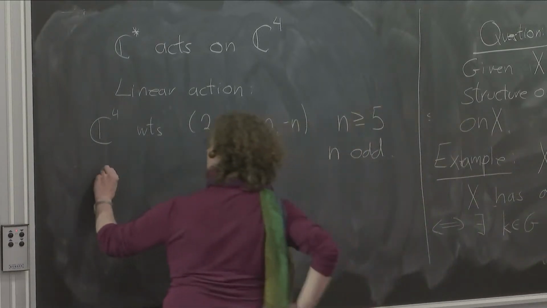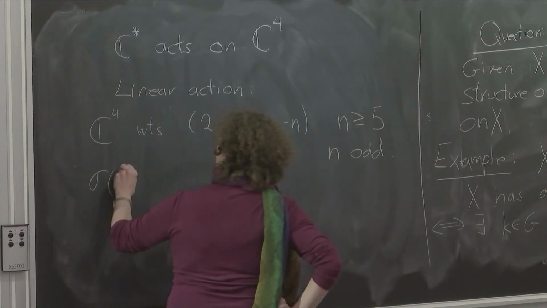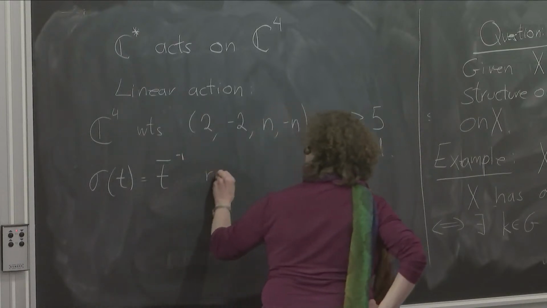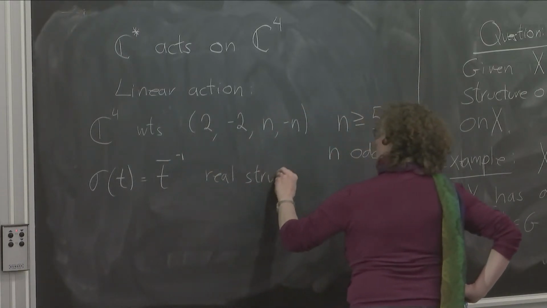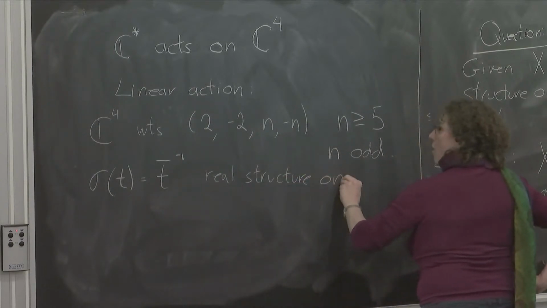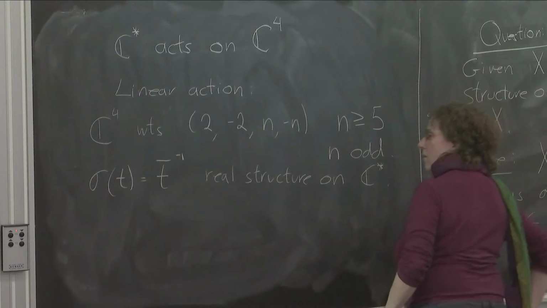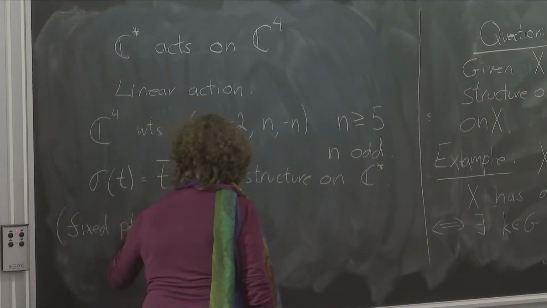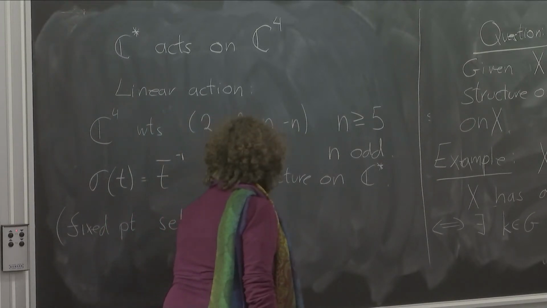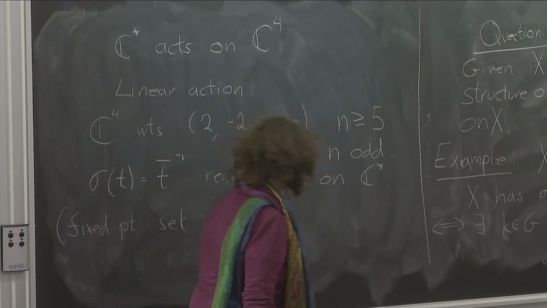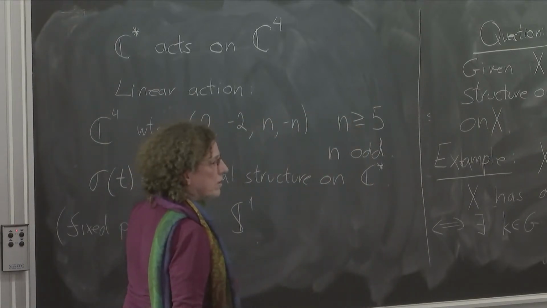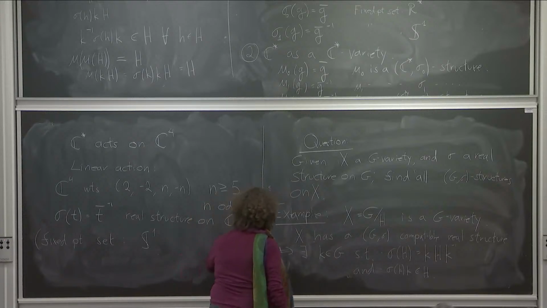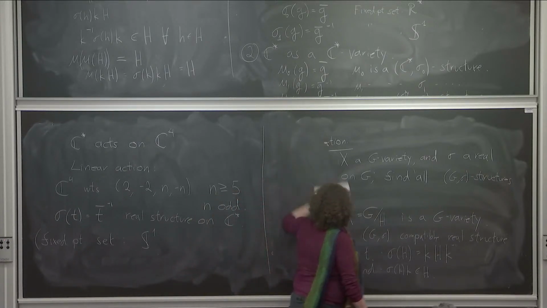And I'm going to use sigma of t equals t bar inverse as a real structure on C star. The fixed point set is a circle: t equals t bar inverse means t is of norm 1. And I want to tell you the result.